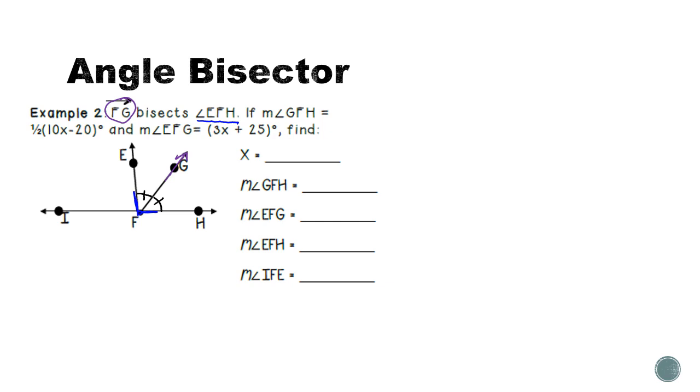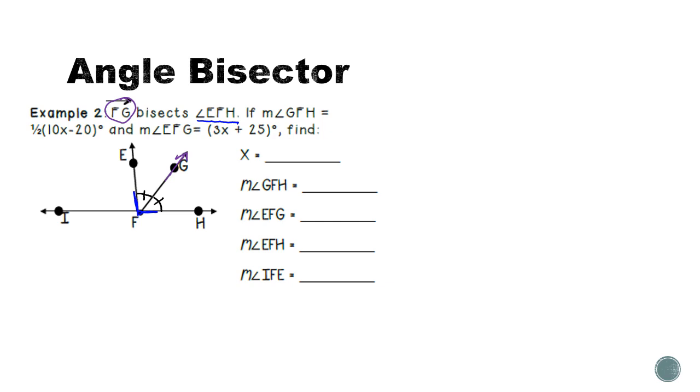Anytime we see that, those angles are going to be the same measurement. So let's look at our following parameters. If the measure of angle GFH is 1/2 times the difference of 10x and 20, and the measure of angle EFG is 3x plus 25, then we need to find the following.